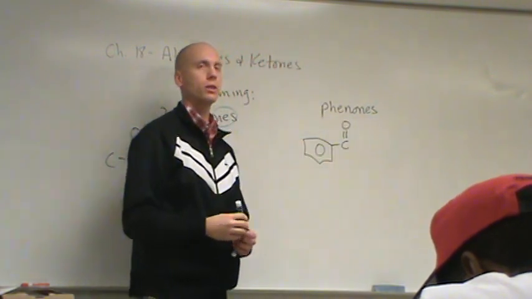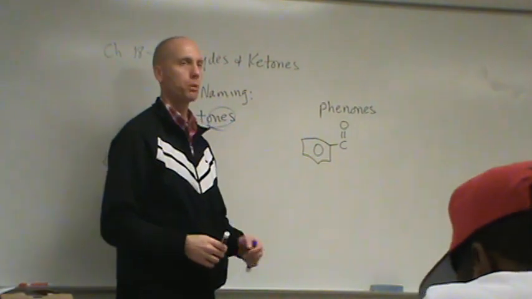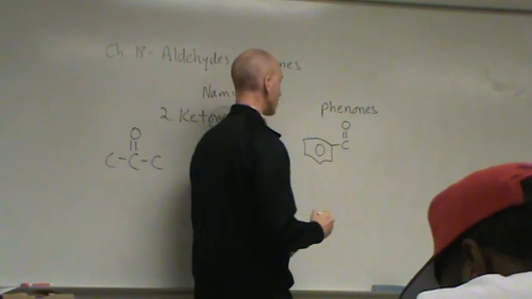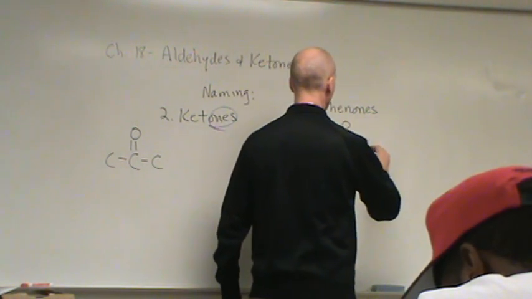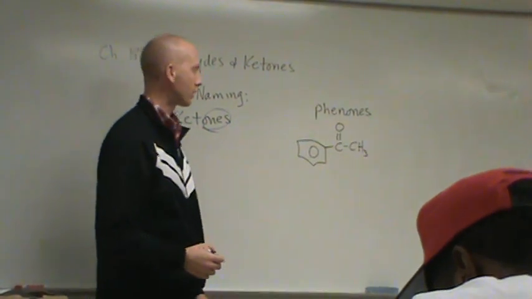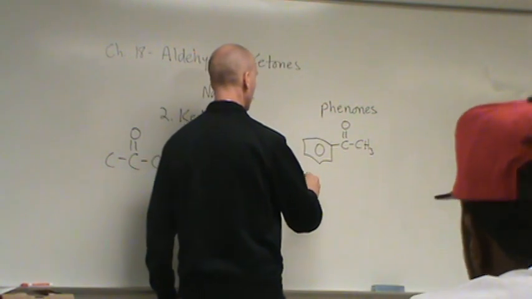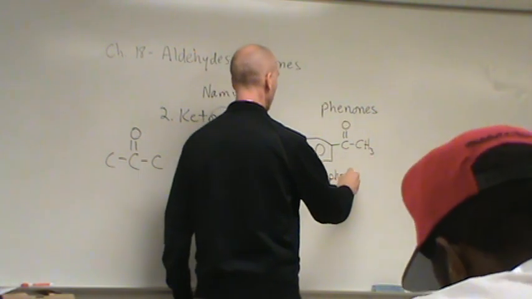A phenone is where I have at least one side of the carbonyl being a benzene ring. Okay? And I have one carbon on the other side. Okay? Everybody remember the name of this one? Acetophenone.